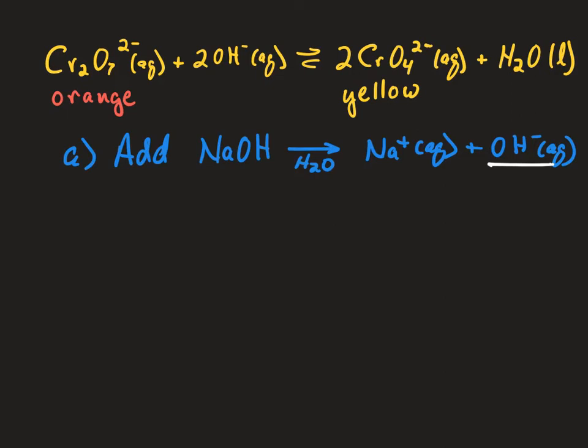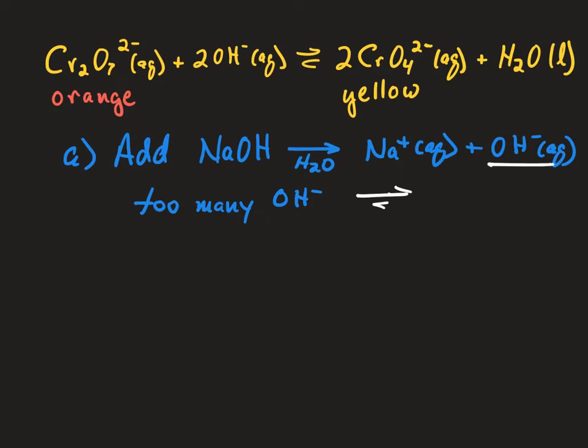Our stress will be too high a concentration of hydroxide ions. To relieve that stress, the reaction will need to consume some of those by moving to the right. And so our equilibrium would shift farther to the right.